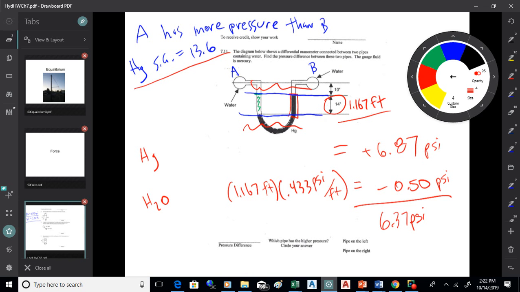So A is pushing 6.87 psi towards B. B is pushing 0.5 psi towards A. So the difference is the pressure difference between A and B. It's 6.37 psi. So you probably have to do a little bit more on that to confirm the psi value on mercury.